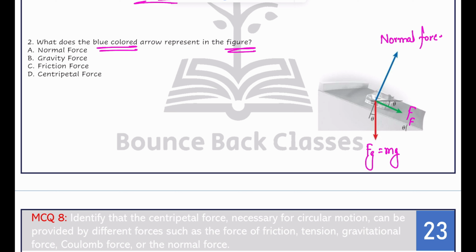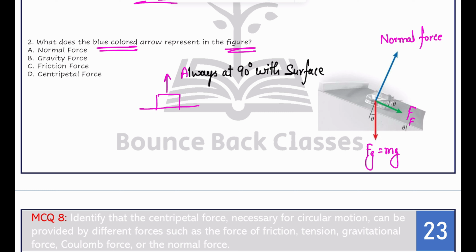Normal force. And what is the meaning of normal force? Normal force means, let's say this is your surface, always at 90 degree with the surface.